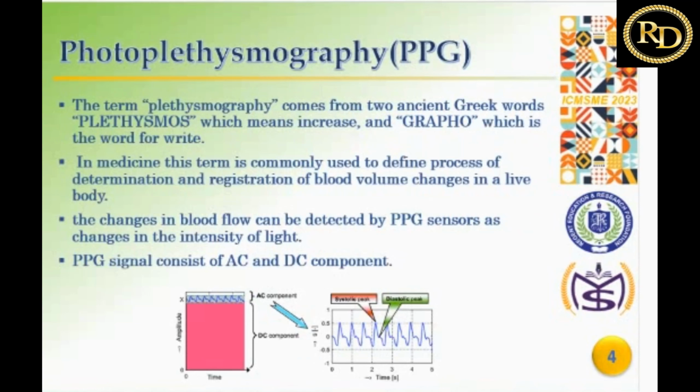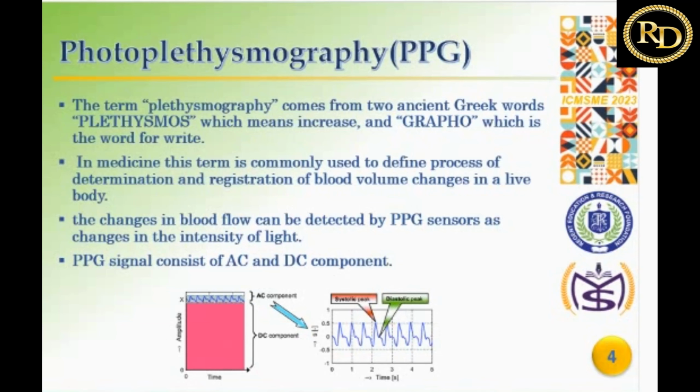This is photoplethysmography. It is an optical term, and this is the heart of our project. Photoplethysmography is an optical phenomenon which comes from two ancient Greek words, plethysmos and grapho. Plethysmos means the increase and grapho means write.